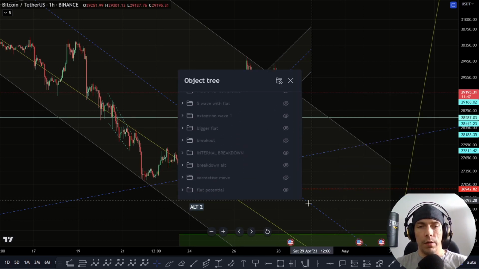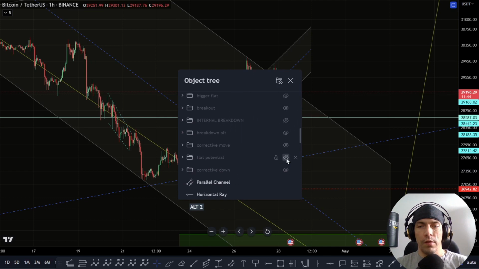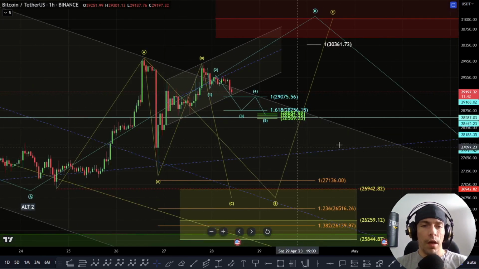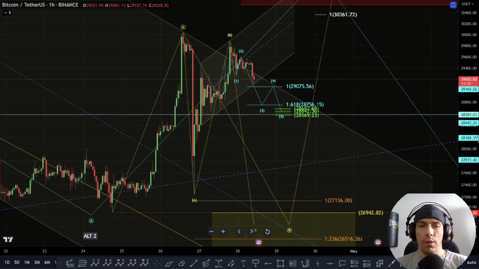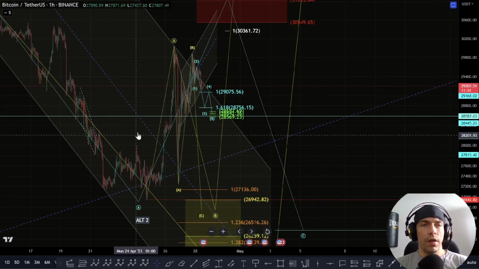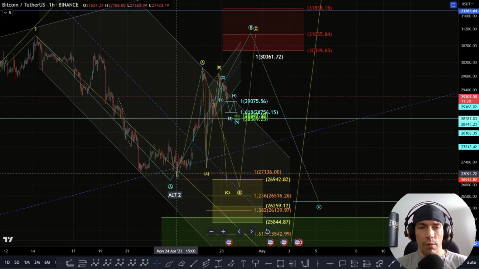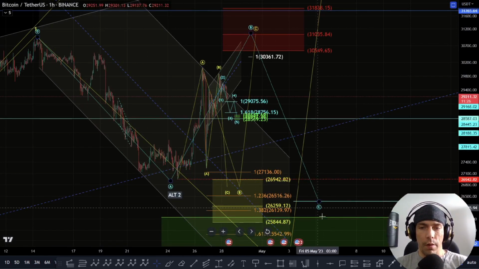With that in mind, what we would be looking for is something like this, and what I'd want to see is this move starting to break down towards the zone of this 28,756 area. Basically, this entire move to the downside would be an A wave. We're looking for a B wave up and then a C wave to the downside.